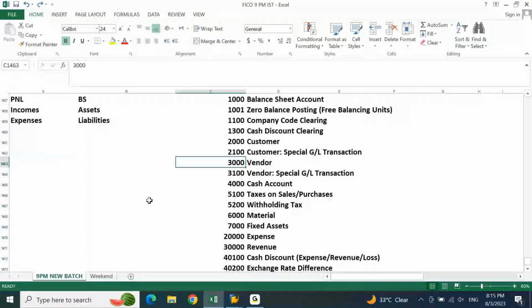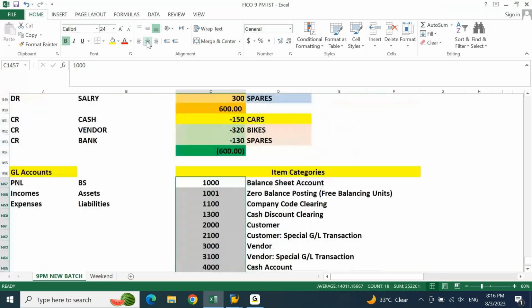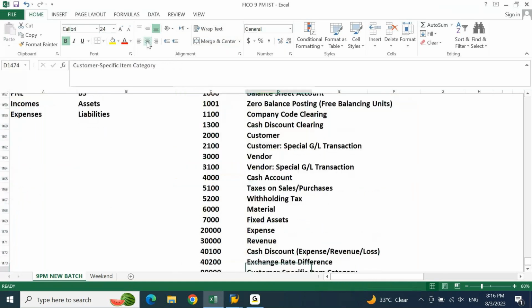Okay, fine. Now these points are nothing but your item categories. These are all the numbers which represent the item category, and these are the descriptions of the respective item category.